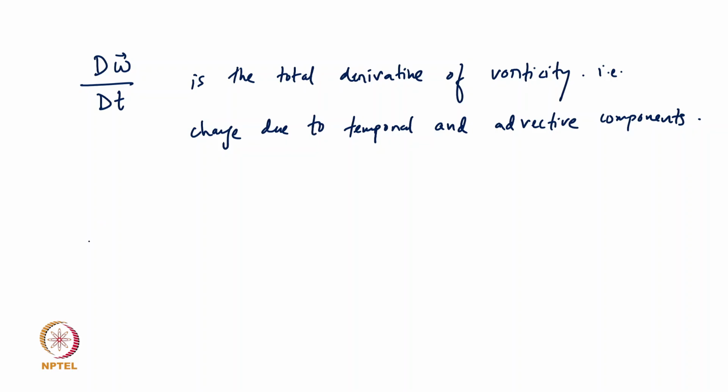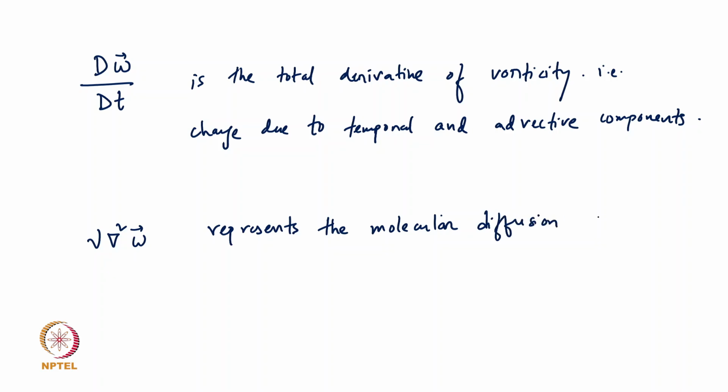We're just describing the various terms of the vorticity equation. The last term, nu del square omega, is the term that represents the molecular diffusion of omega. Okay, so this term represents the molecular diffusion of omega.